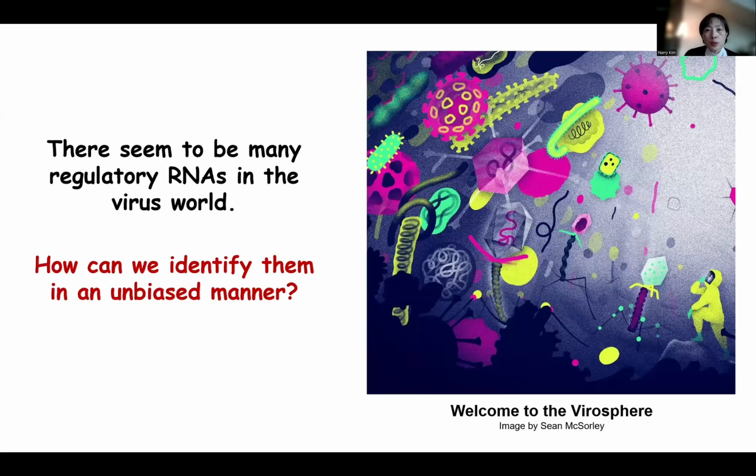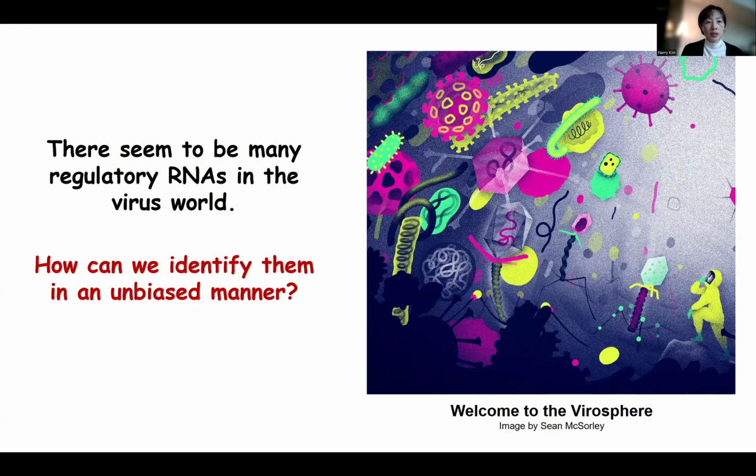Okay, so after this work, we became curious because there seem to be many regulatory RNAs in the virus world. We were wondering if we can identify new regulatory RNAs by investigating viruses. I mean, historically, many important RNA structures like the cap structure, IRES, and also splicing have been identified first in virus research.